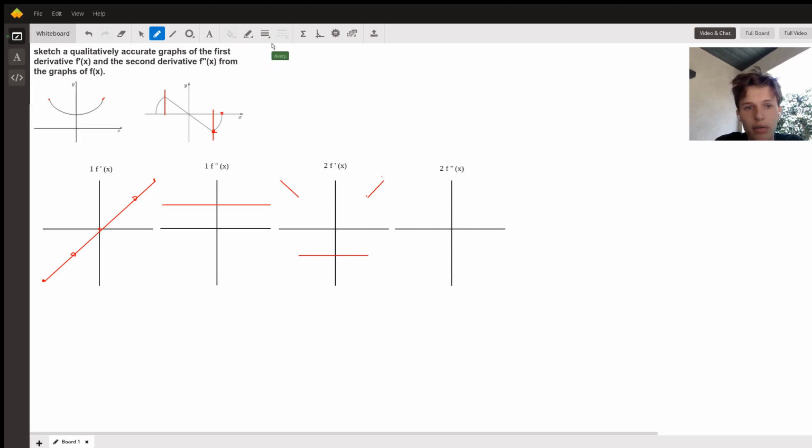Now finally, the second derivative of this graph is just going to be the slopes of these lines here graphed onto the next one. So we can see here, this line here has a negative slope. And because it's a straight line, we know it's going to be a constant slope that's negative. So let me use the line tool for this.